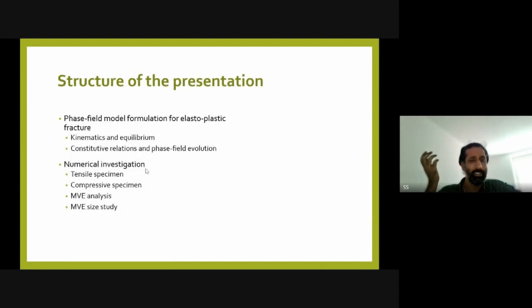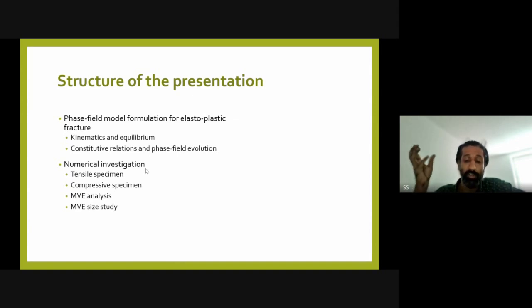The structure of the presentation is a discussion of the phase field model that has been developed in this context, which incorporates plasticity. And then we will talk about the numerical investigations and discuss the results. The results will be first based on the epoxy specimen because we have the composite material which is composed of fibers, but the fibers usually have higher toughness.